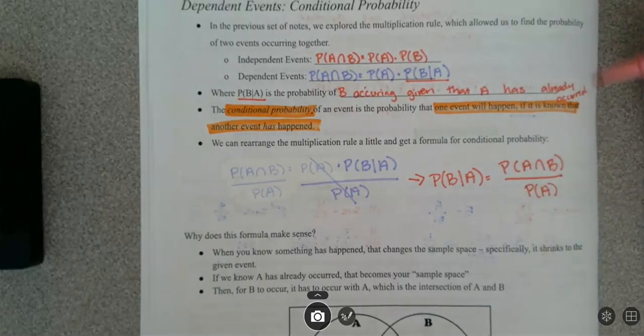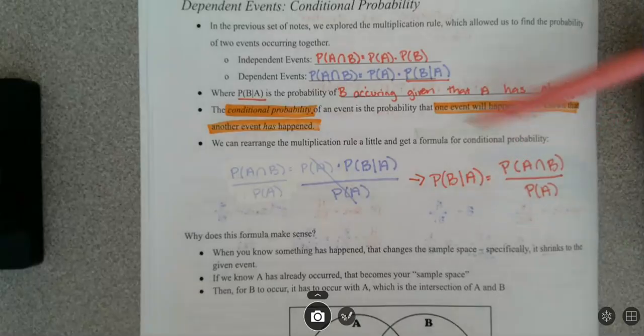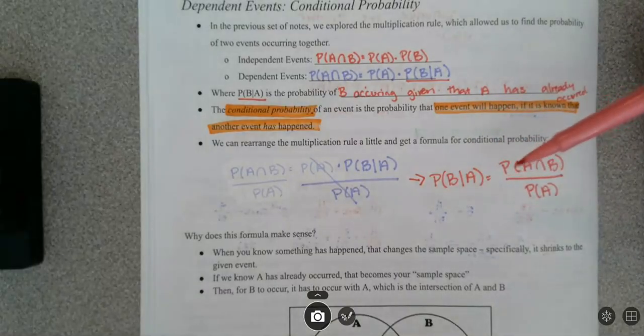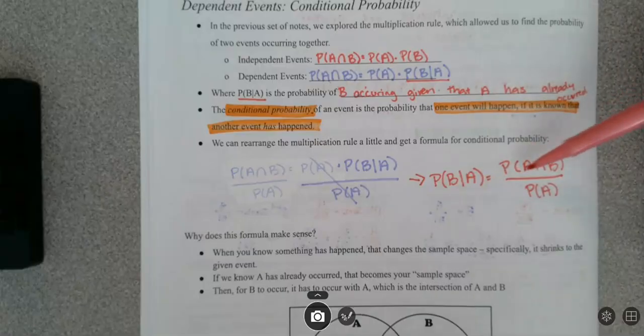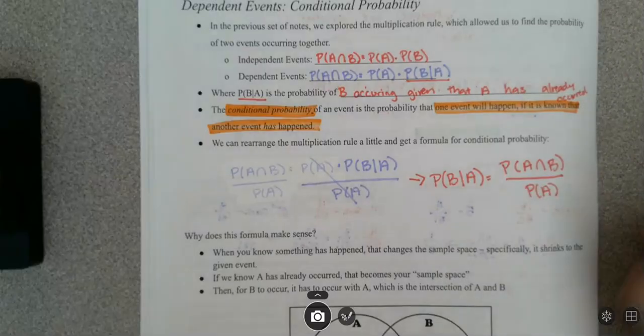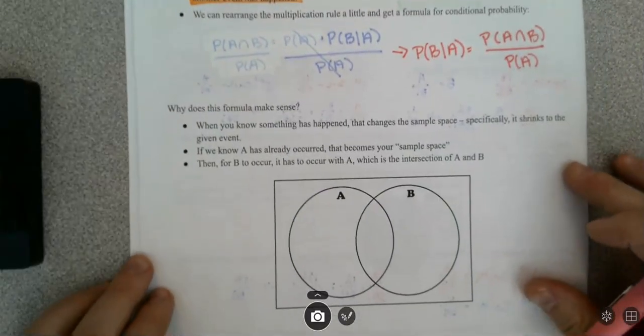Yes, you will have to remember it. If I need to find the probability of an event given something has already happened, it'll be the probability of those events happening together divided by the first event, so just A.